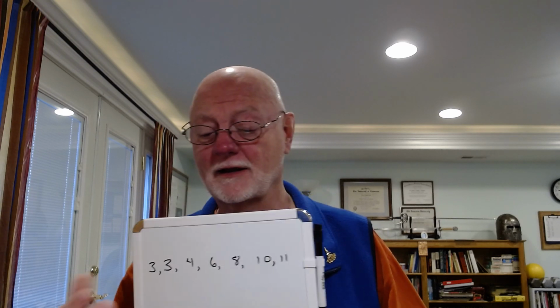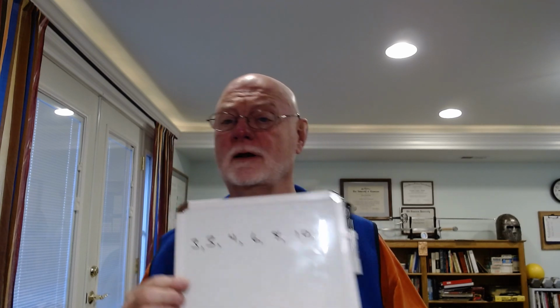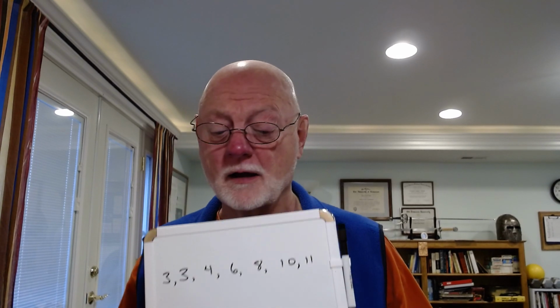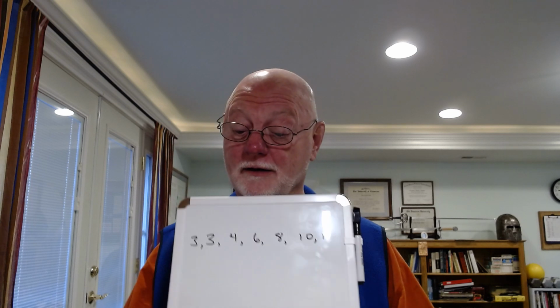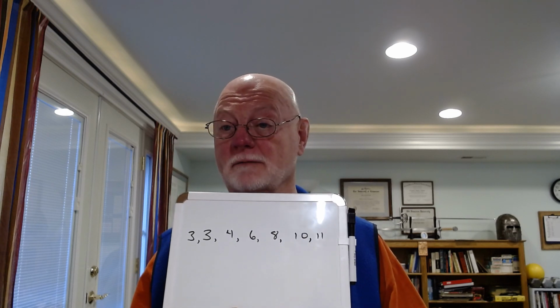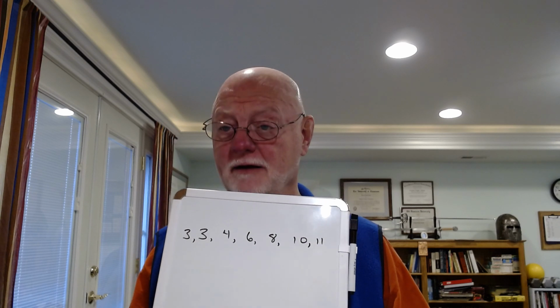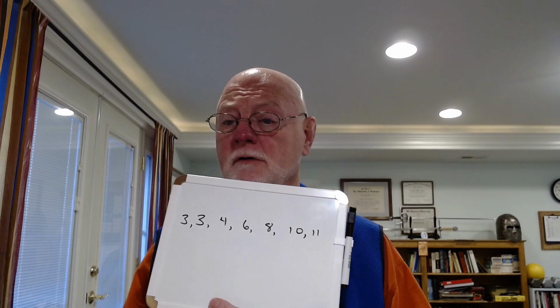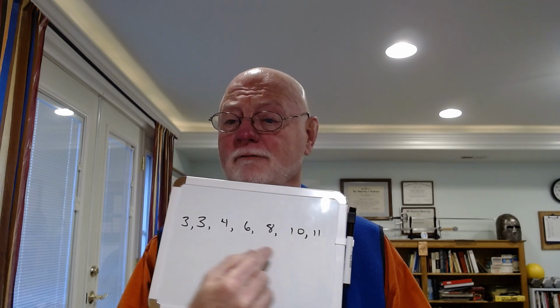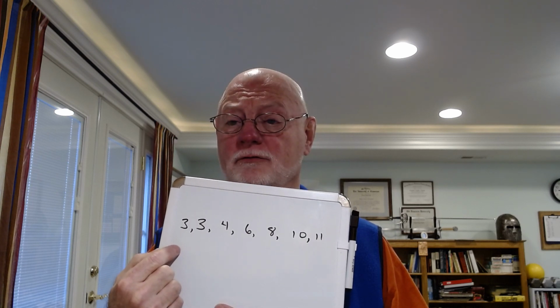Okay? And the last one of these, of the three M's, is mode. Mode, again, is also not a real difficult number. What number in this data set appears the most? Well, they all appear once except for 3, which appears twice.